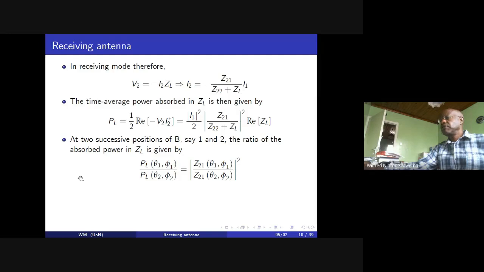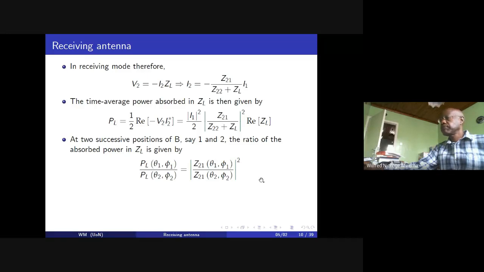Then the ratio of the absorbed power in ZL is going to be given by the power at the original location, theta 1 phi 1, over the power absorbed in the load at the new location, and this will be given by the coupling impedance Z21 at the old position divided by that at the new position, all squared.